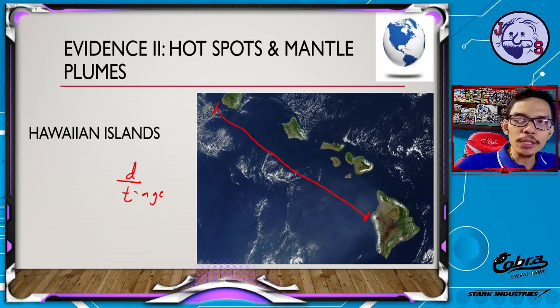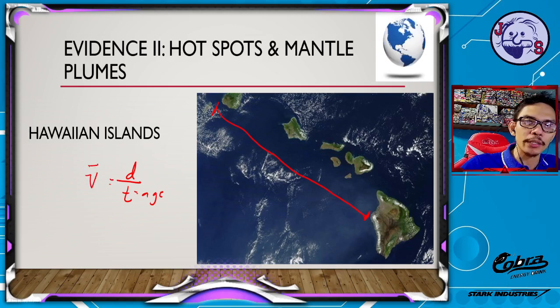Using the distance over time formula, you can now compute the velocity, or the speed, or the rate of plate movement done by the plate on which these islands are seated.